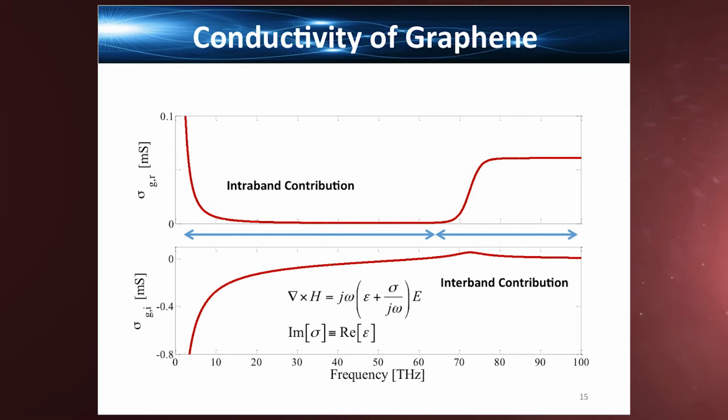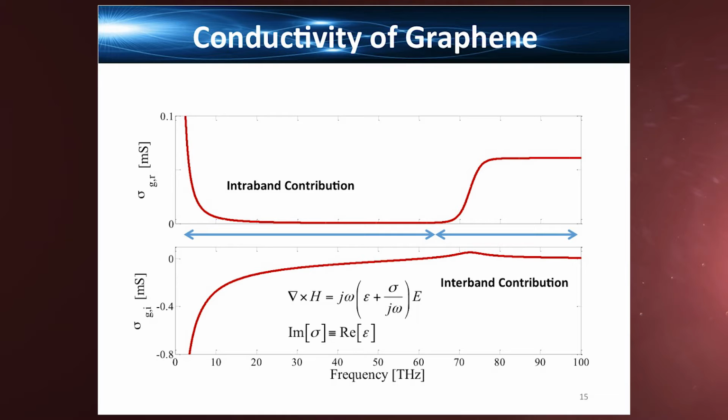I mean, conductivity has two parts, real part and imaginary part. The real part is loss, and the imaginary part acts like permittivity. So, in this region, we have very low loss because the real part of conductivity is almost zero, and we have negative values of the imaginary part. So, in this region, graphene can be modeled as a thin dielectric slab with negative permittivity.